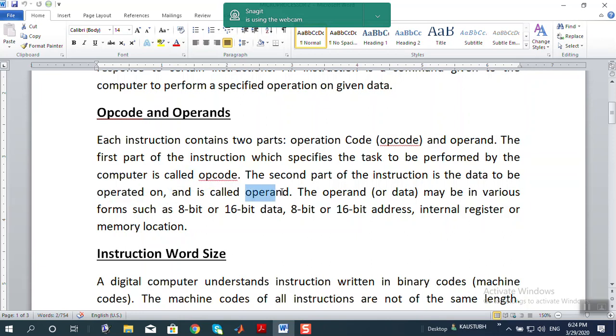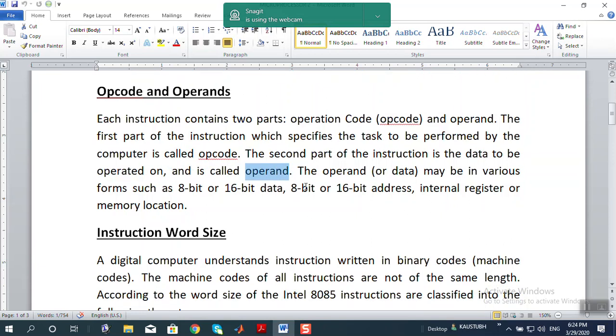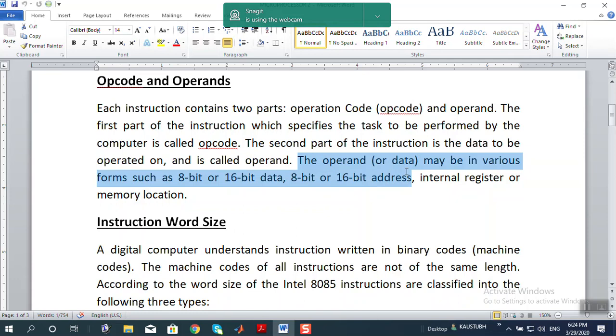The operand or the data may be in various forms. It can be 8-bit or 16-bit data. Sometimes the operand can be an address also. Address means it can be the address of the memory or the address of any I/O port. That address can also be 8-bit or 16-bit.